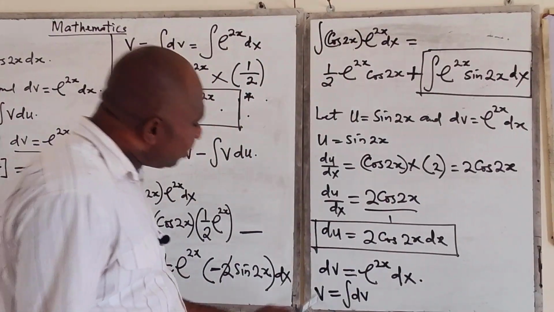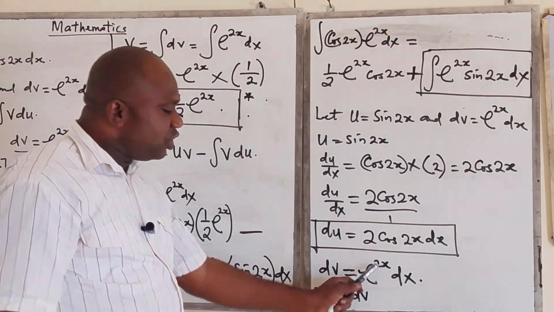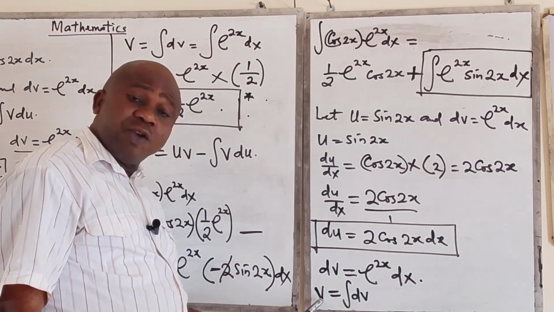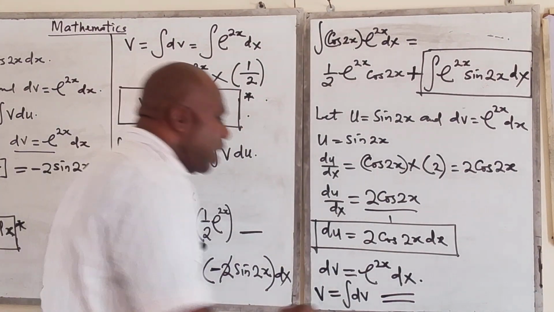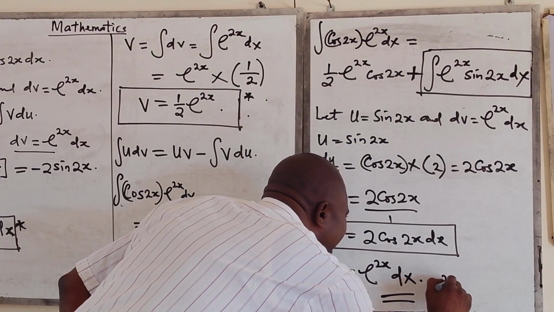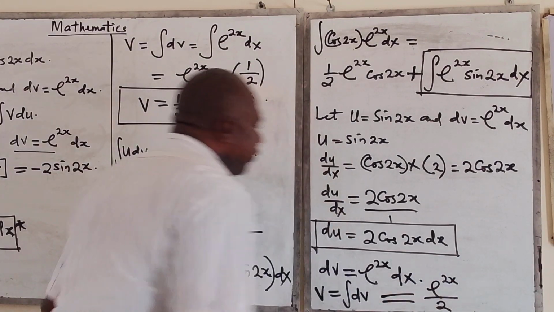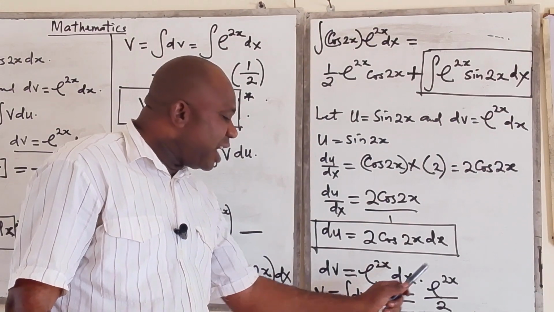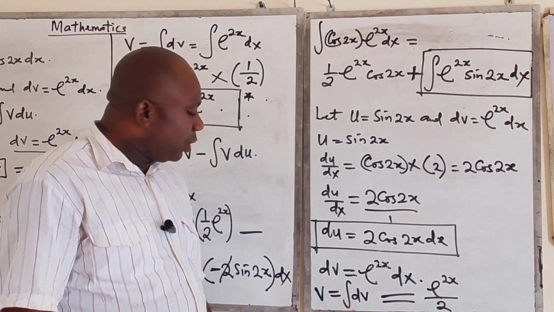So since the derivative of v is equal to this, to get the reverse aspect we have to integrate it. And that's the reason why we are integrating the dv to give the value of v. Now when you integrate e raised to the power of 2x, it gives e raised to the power of 2x all over 2. That is, you integrate this and multiply it by 1 all over the derivative of this function. That is exactly what we did here.